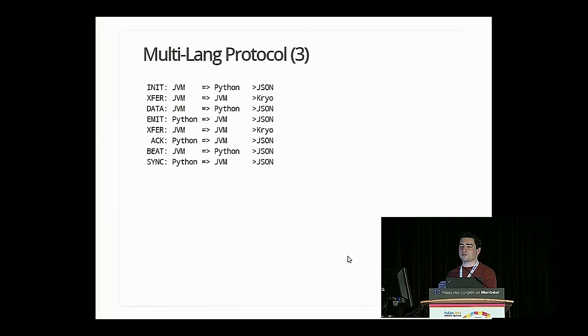This is a little illustration where when a Storm topology boots up, you have a handshake that happens between your Python process and the JVM. And then data either stays within your Python process or moves to other nodes, depending on where that data needs to go. And there's also things like heartbeating mechanisms to keep tabs on whether your Python process is still alive or whether Storm needs to kill it and restart it and things like that.